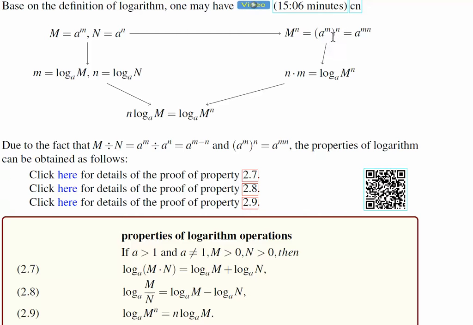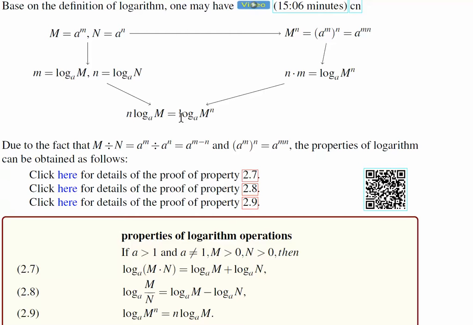You do multiplication between little case m and little case n. You got that. Then you rewrite this one into the logarithm form. Put this one and this one together. You shall have the third property. Enjoying that.